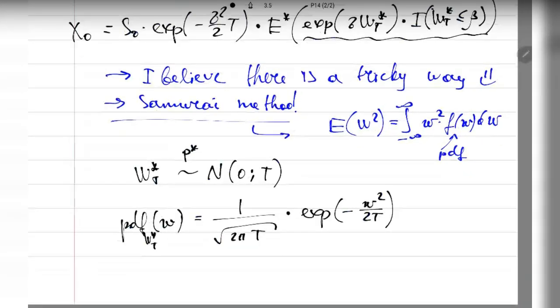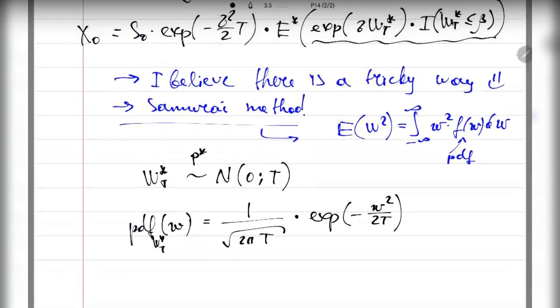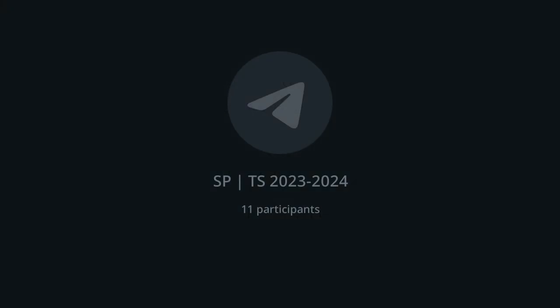That's the formula for the probability density function of a normal variable with mean 0 and variance T.